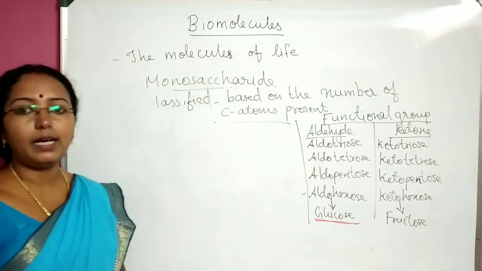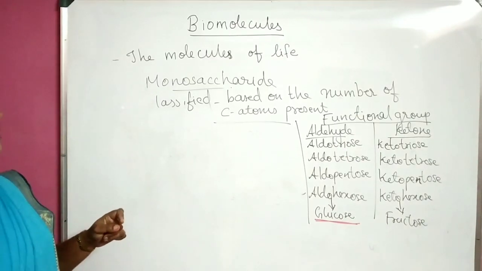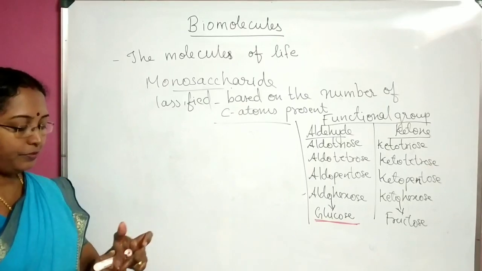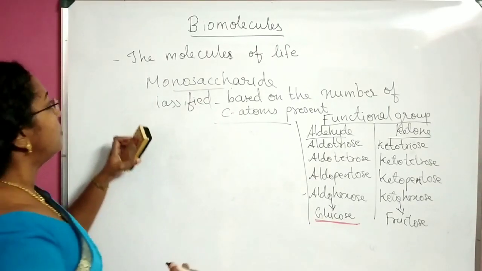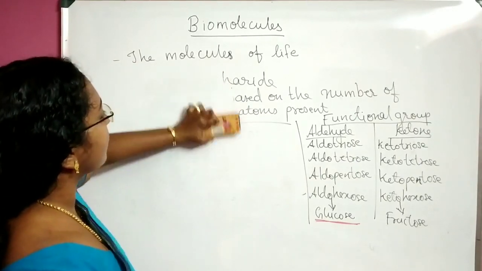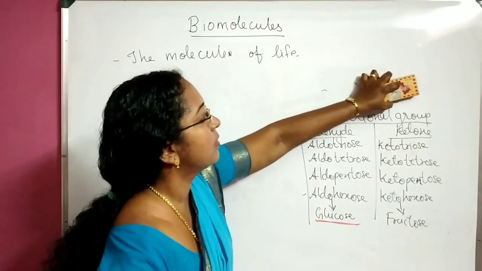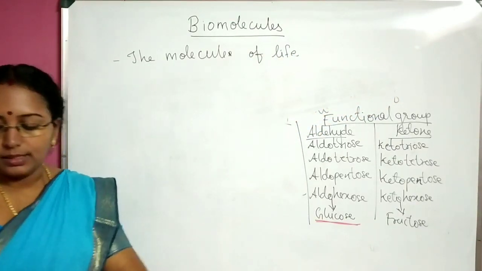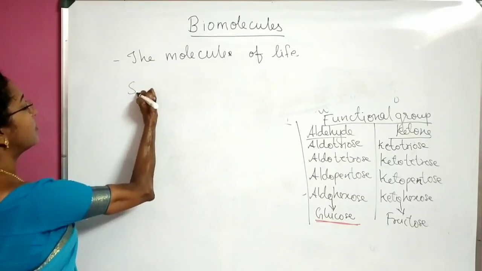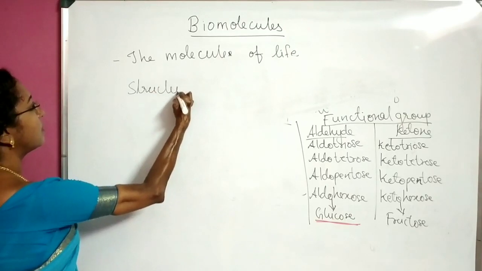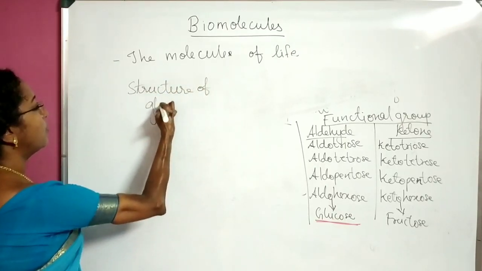Because once you understand the structure of glucose, you will also understand how these glucose molecules are linked together to form a polysaccharide. Okay, so now let's understand the structure of glucose.